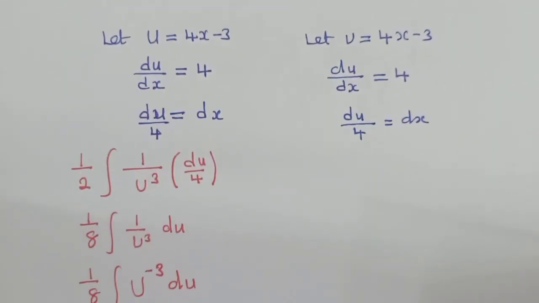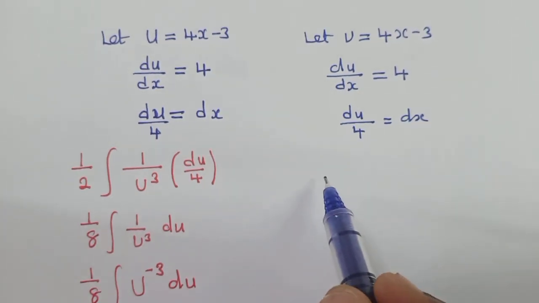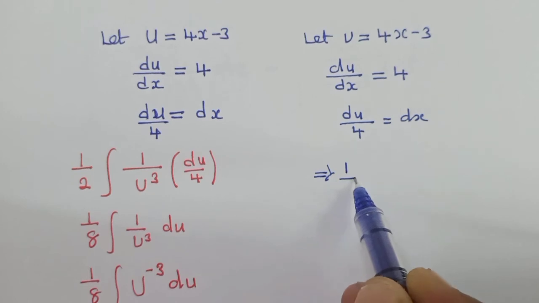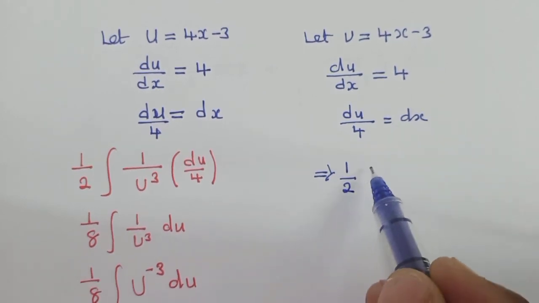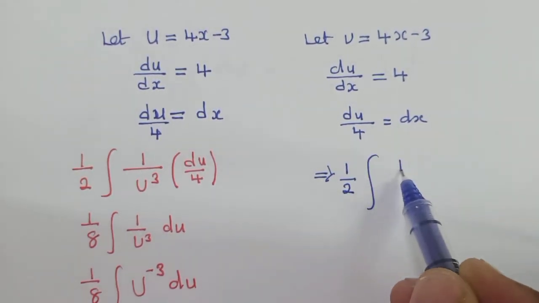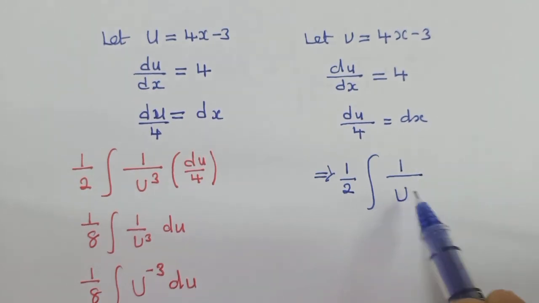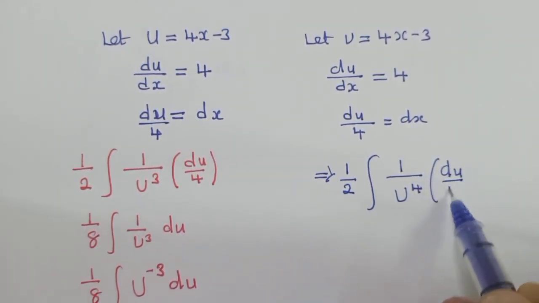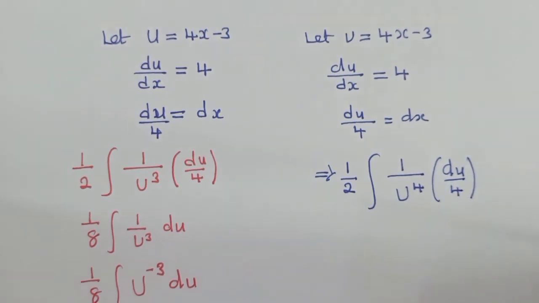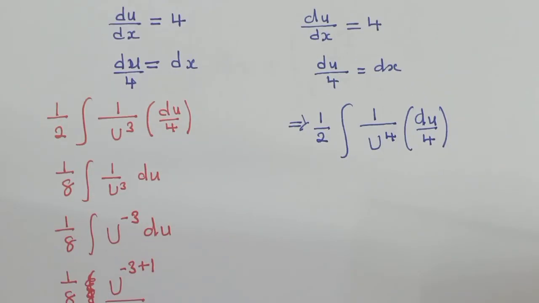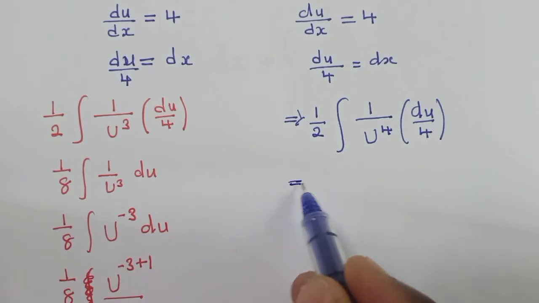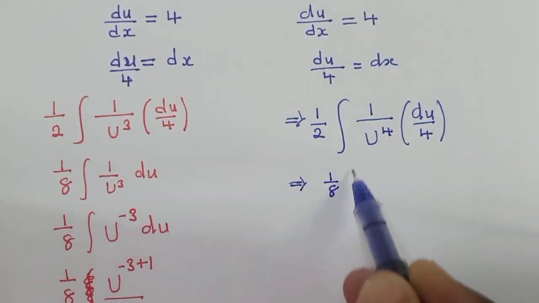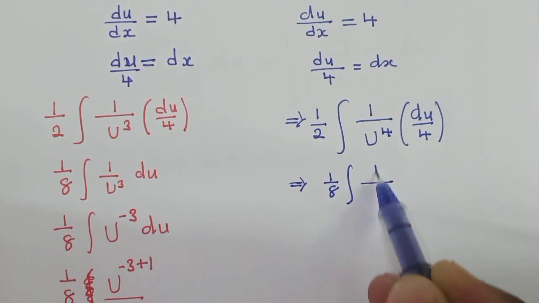Next, we now integrate. So we shall have something like this, 1 over 2, the integral of 1, and this time around we have u power 4. So we do the same like we did here. This and this are multiplied.